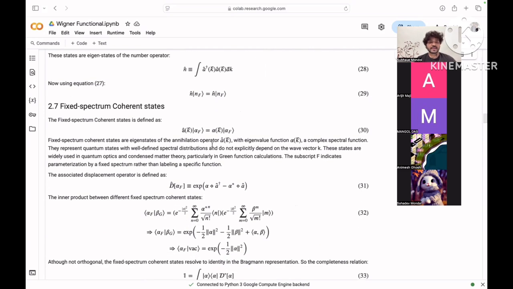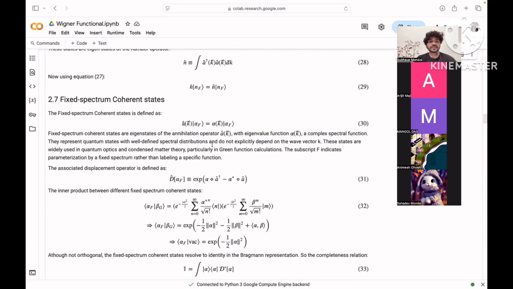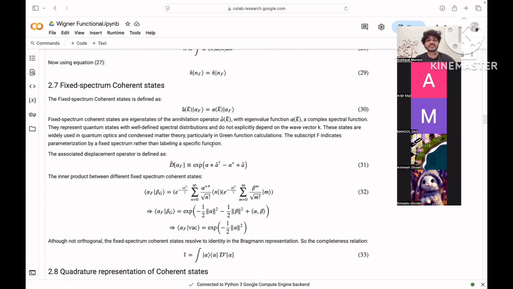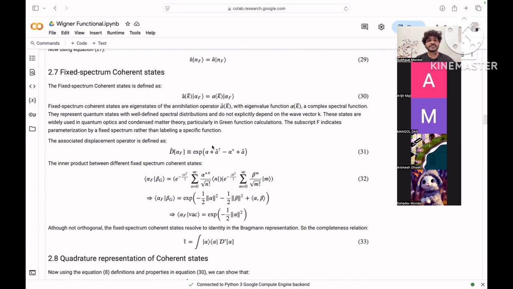After that, we want to look at fixed spectrum coherent states, after the Fock states. The fixed spectrum coherent states are defined like this, and they are eigenstates of the annihilation operator, with the eigenvalue a function of alpha, that is, a complex spectral function.